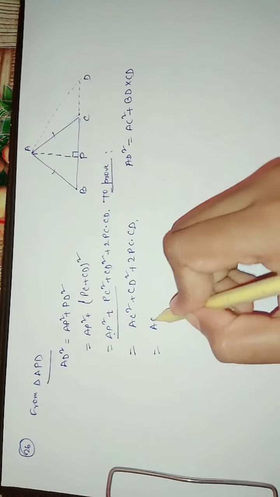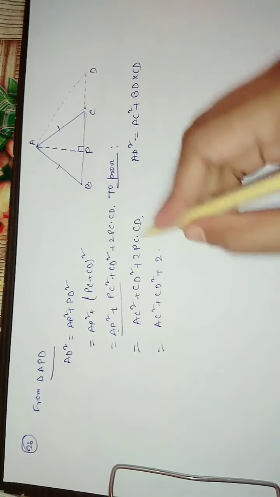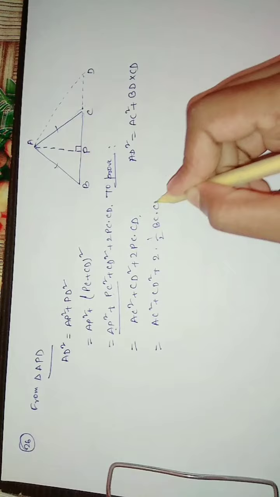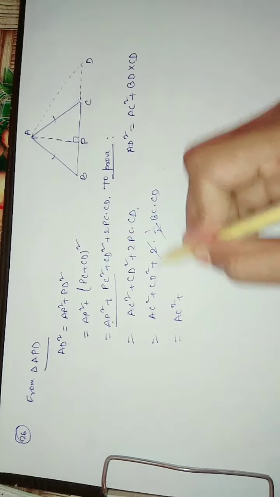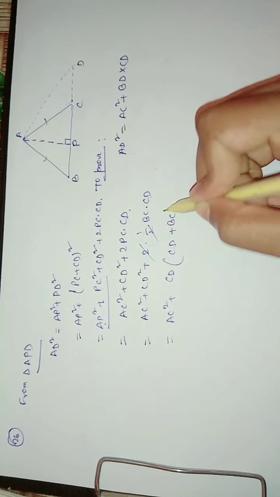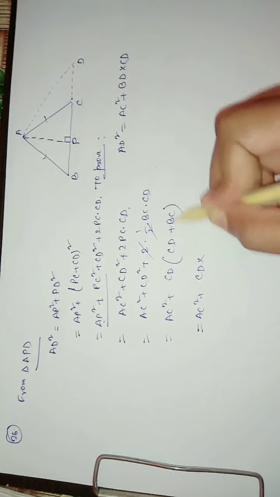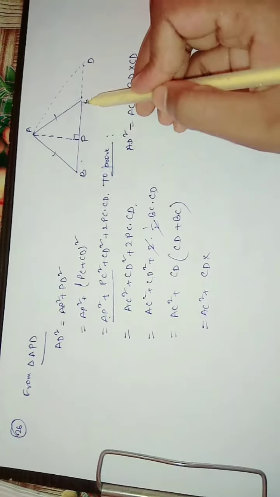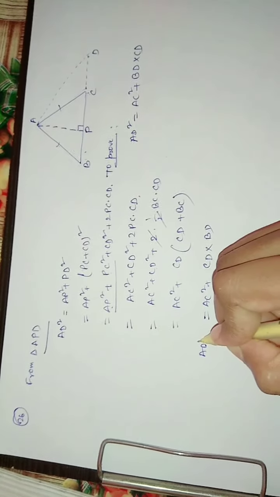So you can write CD square plus 2 times half of BC, the 2 cancels out. Now here CD square, here CD, so take out CD as common. You will get AC square plus CD into (CD plus BC). CD plus BC means BD. And here your theorem is proved.